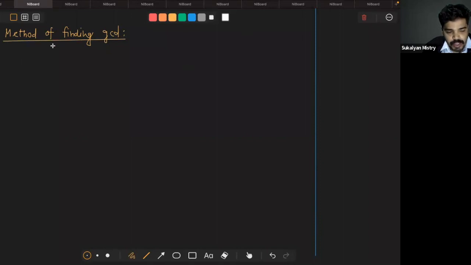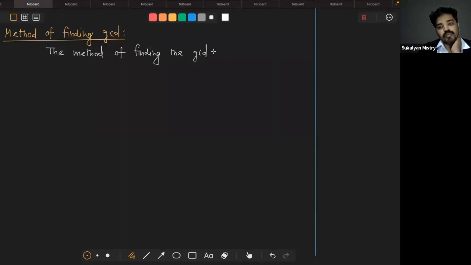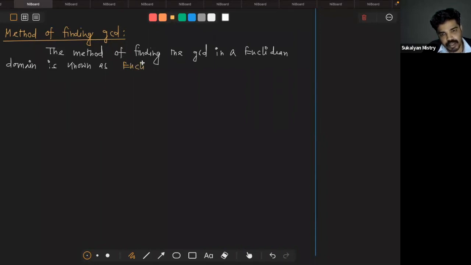The method of finding the GCD in a Euclidean domain is known as the Euclidean algorithm.